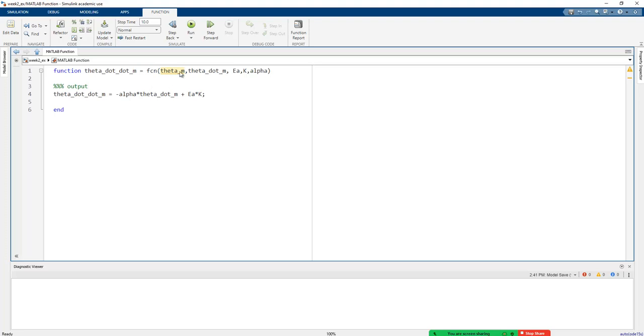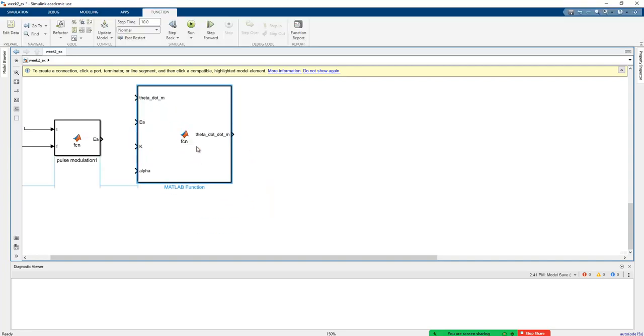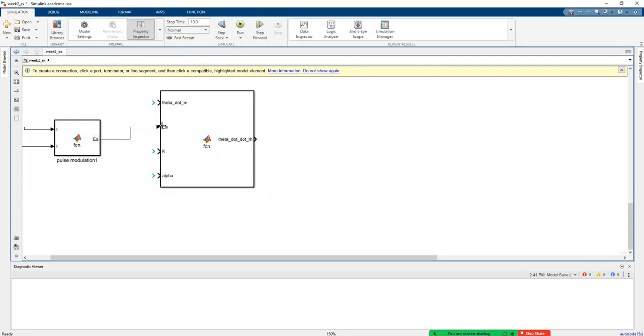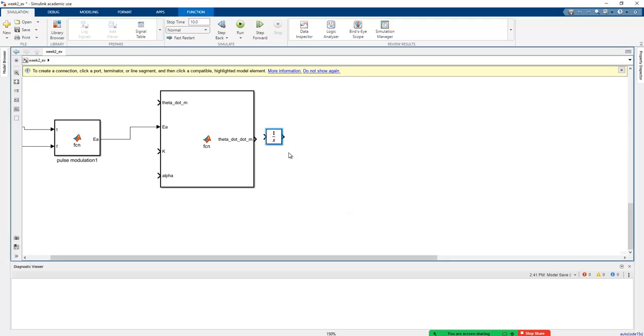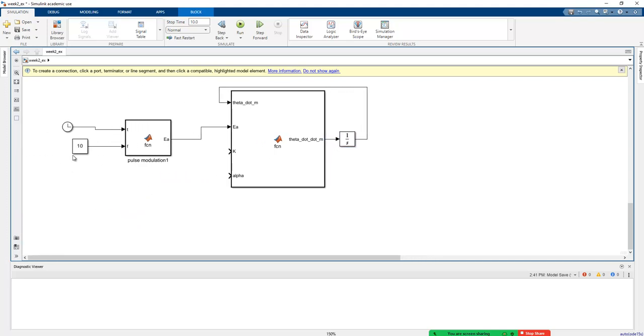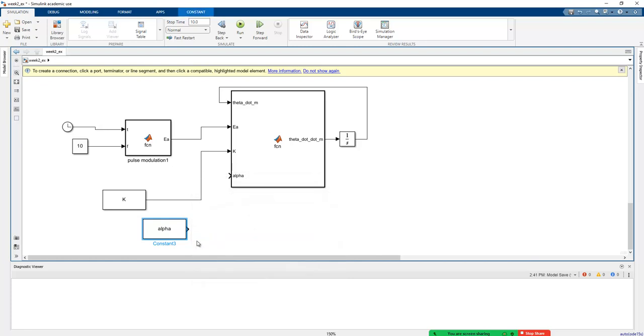Okay, and so we don't have this variable in here, just like this one, and then we can create the motor function body, and EA can be considered in here, and integrator value should be given in here because this is the theta dot m, and also we should give this one, and so K and alpha value is defined in the predefined function, right? K must be assigned this term, and alpha must be assigned these terms.